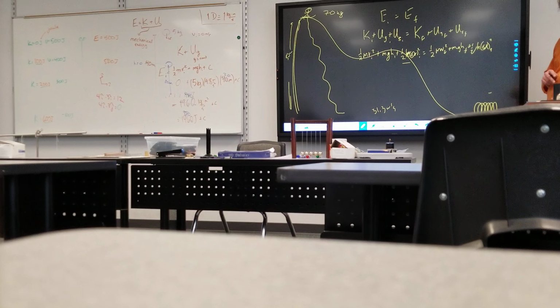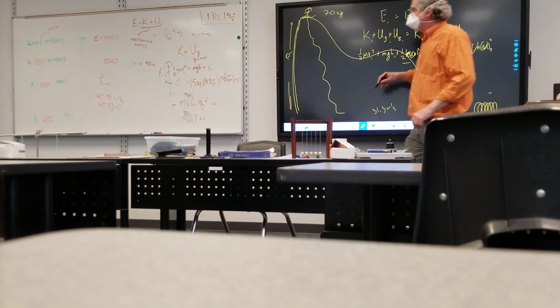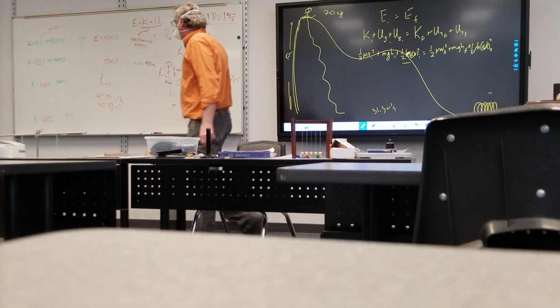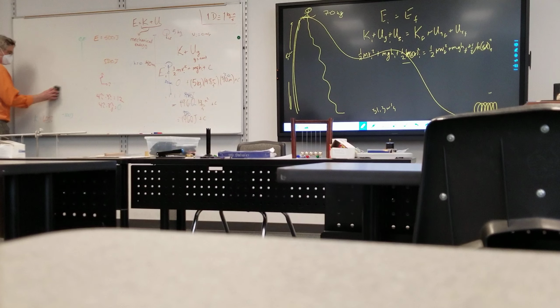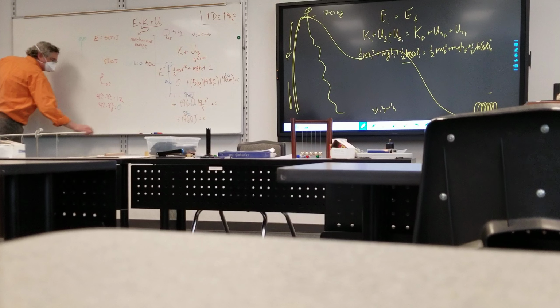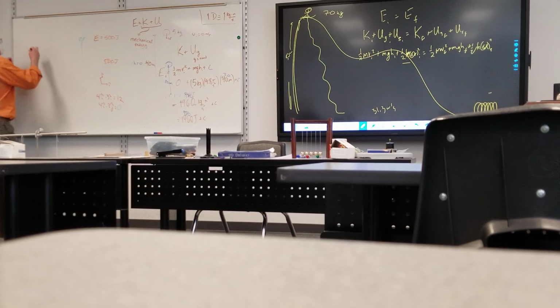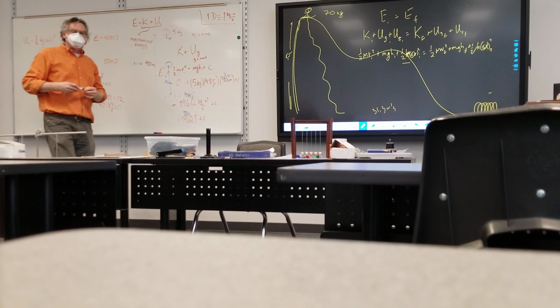All right, so what do these things mean? K is known as the spring constant. And it's basically a stiffness constant. It's how much force do I need in order to stretch this thing a meter?